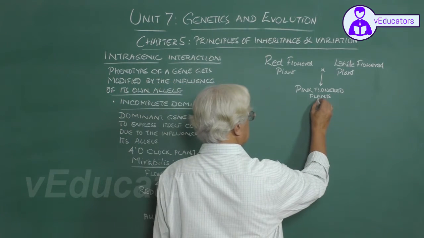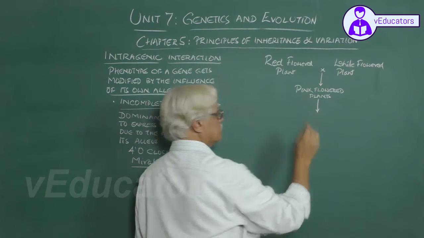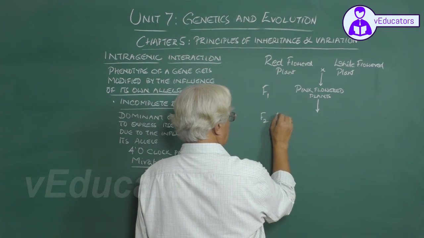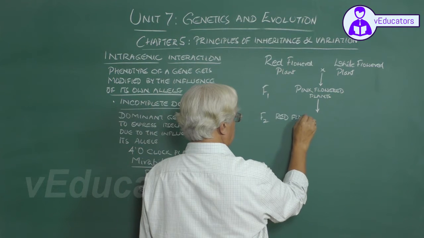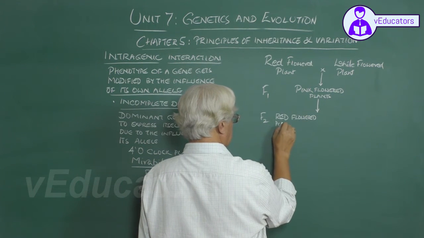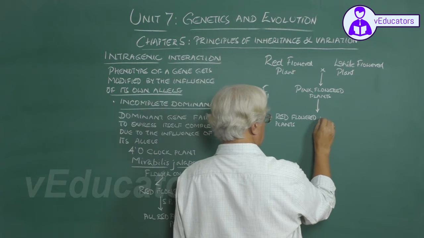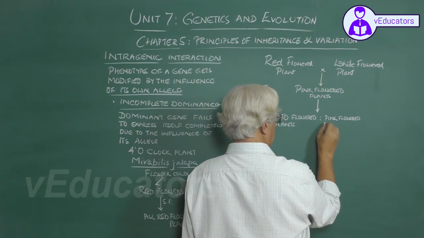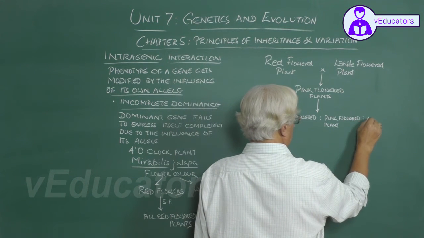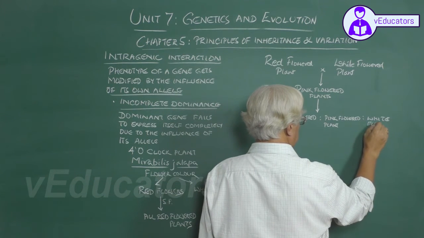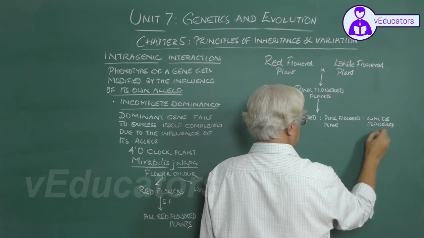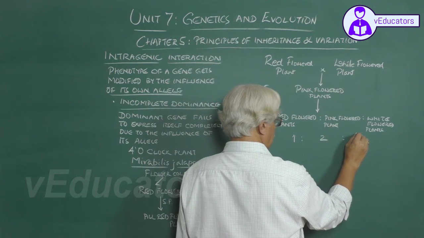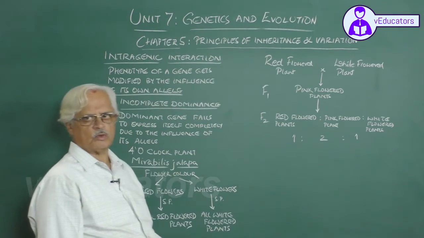When these pink flowered plants are selfed, in the next generation, this is F1, in the F2 generation, you get red flowered plants, pink flowered plants, and white flowered plants in the ratio 1:2:1.